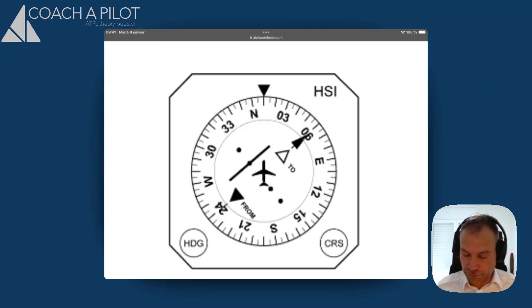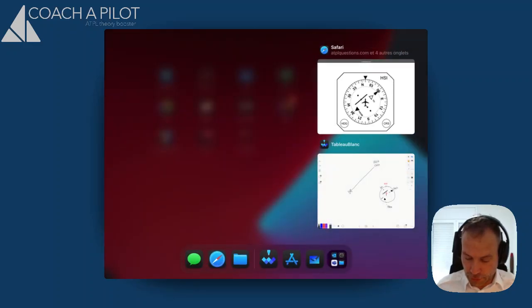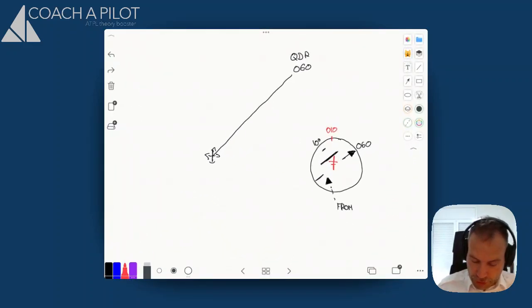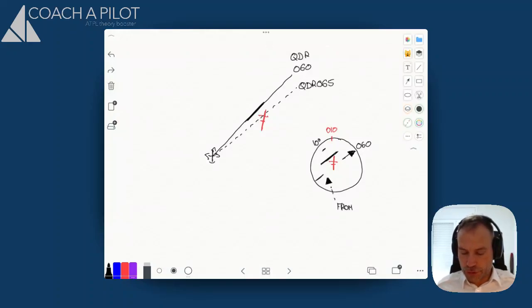Okay, so then it's just piece of cake to solve that, because on this drawing, we can imagine an aircraft that would fly 010 and that would have the axis selected on its left side. So we are literally at 5 degrees from the radial 060 to the right of this radial, okay, which would correspond to a QDR 065.